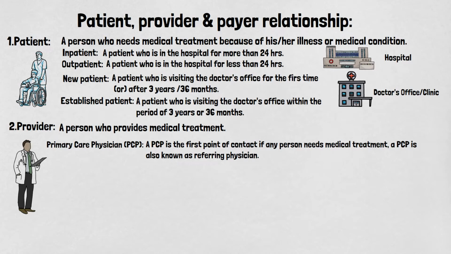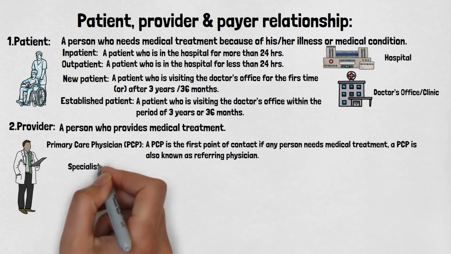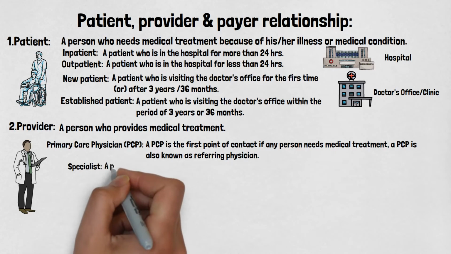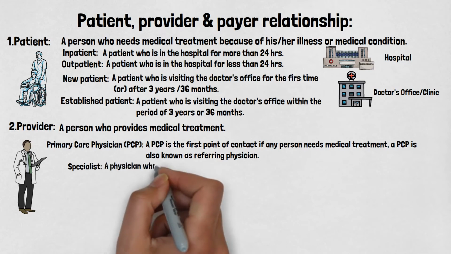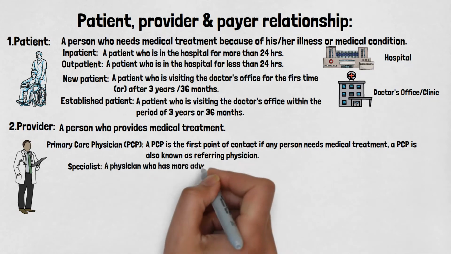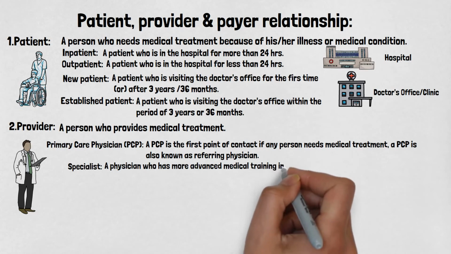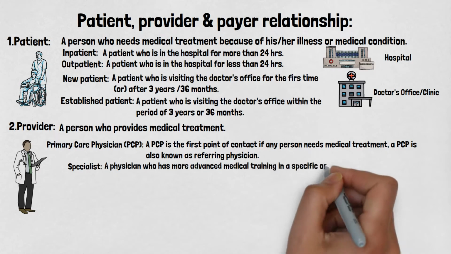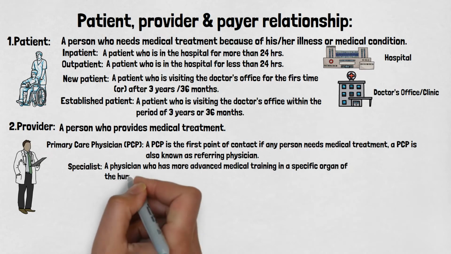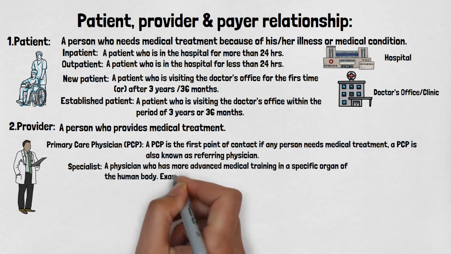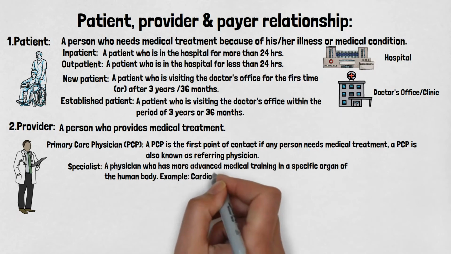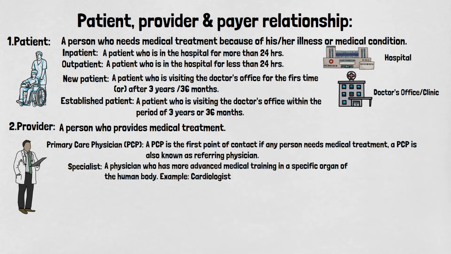Now coming to the types of practice. Individual practice. Healthcare providers or doctors who operate as sole proprietors. That means only one doctor in the practice, also known as individual provider. The next one is group provider.